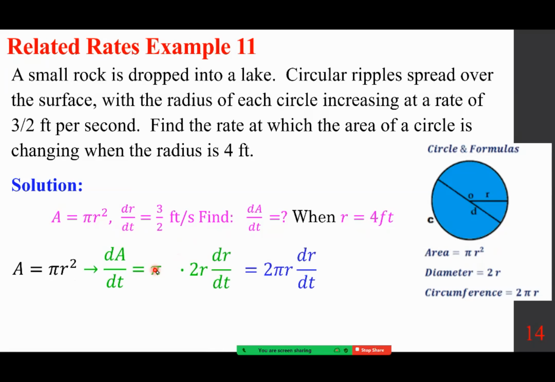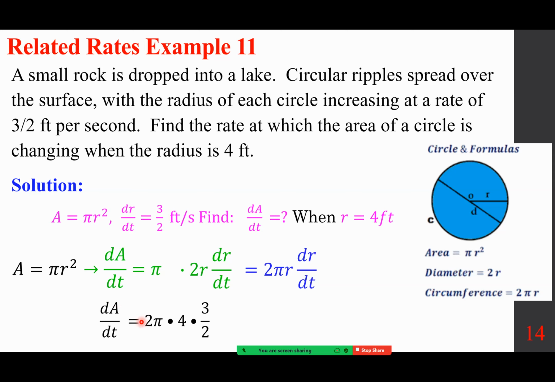And now we can replace the r with 4 feet, and the dr/dt with 3/2 feet per second. Remember, whatever we do to numbers, we do to units, and dA/dt will have the same unit as the units of the area over the units of time.